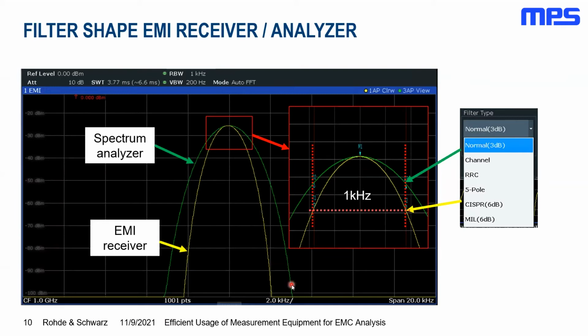So if we think about the noise floor accumulated inside these filter shapes, we are seeing that these 3 dB filters accumulate more noise than these 6 dB filters. So that's why the EMI receiver has a higher sensitivity and higher selectivity itself. The sensitivity because we are suppressing more noise, and the selectivity thanks to the filters. So these deeper filters are beneficial for doing a higher separation of the frequencies that are occurring next to each other.